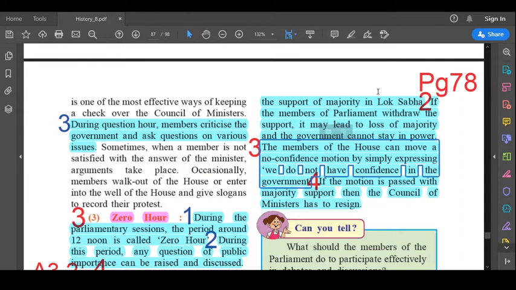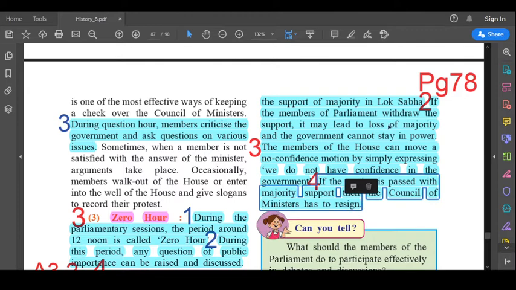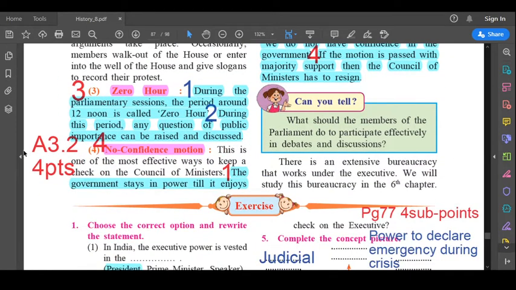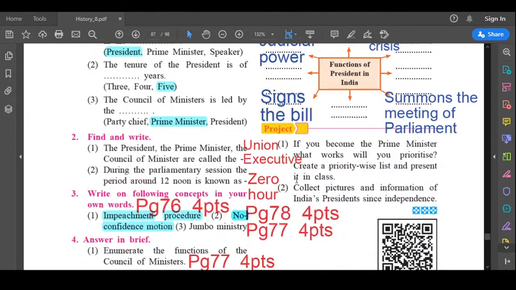Third point, the members of the house can move a no confidence motion by simply expressing, we do not have confidence in the government. The fourth and the last point, if the motion is passed with majority support, then the Council of Ministers have to resign. Till here. This is answer 3.2, which comprises of 4 points.